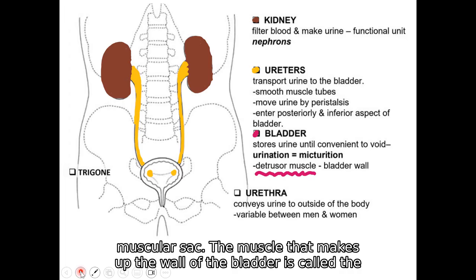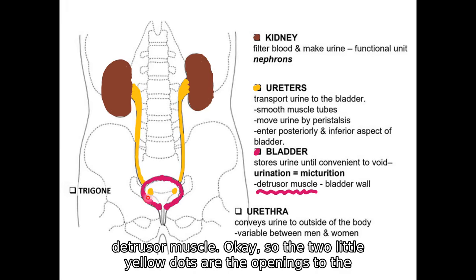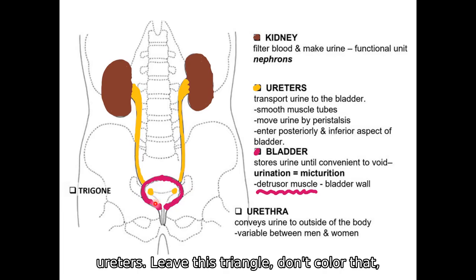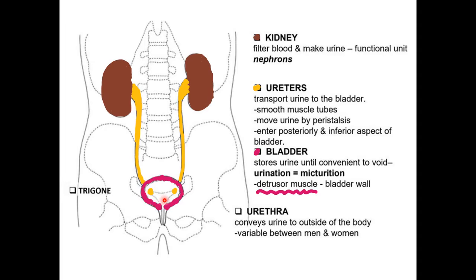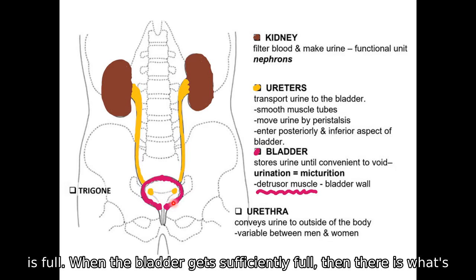The bladder is basically a muscular sac. The muscle that makes up the wall of the bladder is called the detrusor muscle. Okay, so the 2 little yellow dots are the openings to the ureters. Leave this triangle, don't color that. And the bladder is going to have folds called rugae, and so that will accommodate the stretch when the bladder is full.